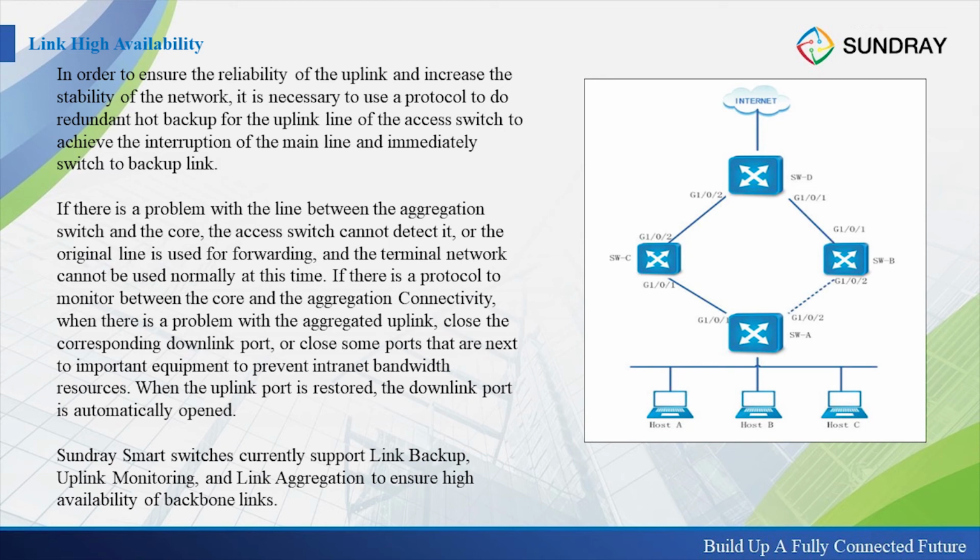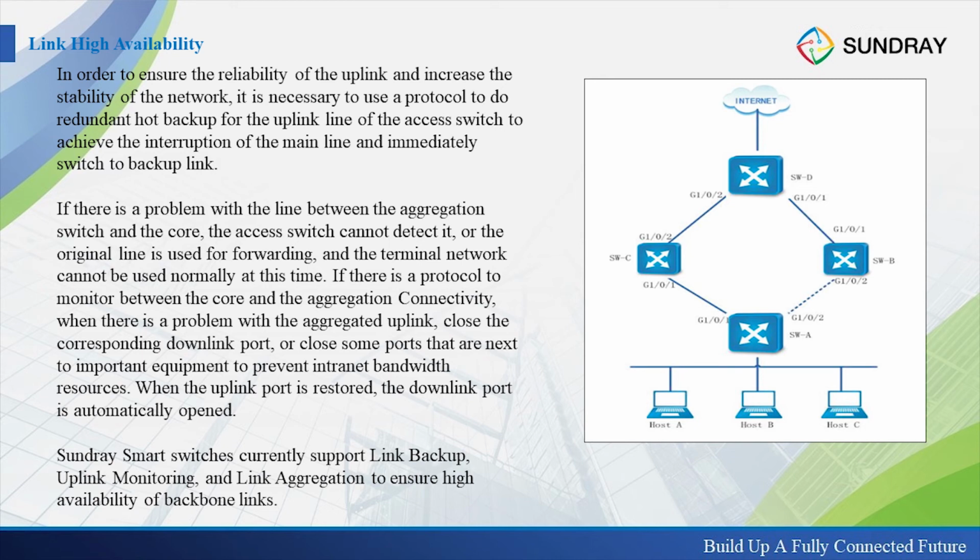So if there is a protocol to monitor connectivity between the core and the aggregation, when there is a problem with the aggregation uplink, it can close the corresponding downlink port and change to another backup port. So this is the theory about link high availability.